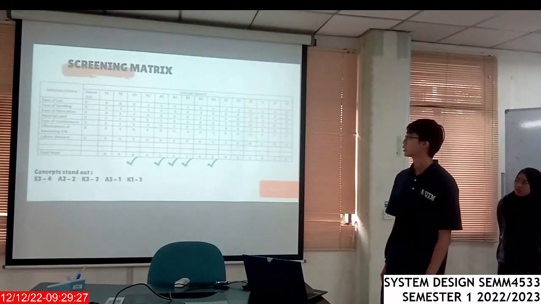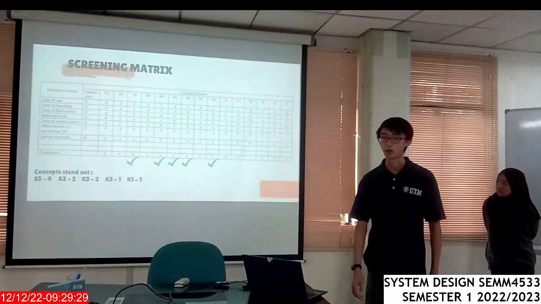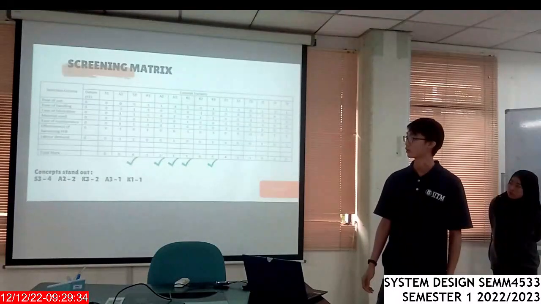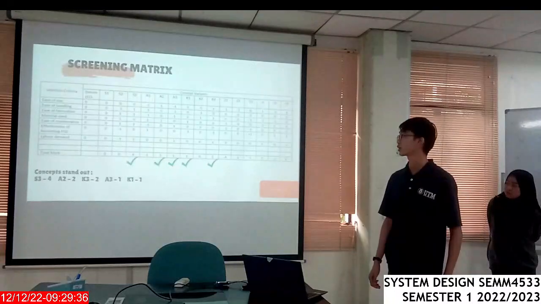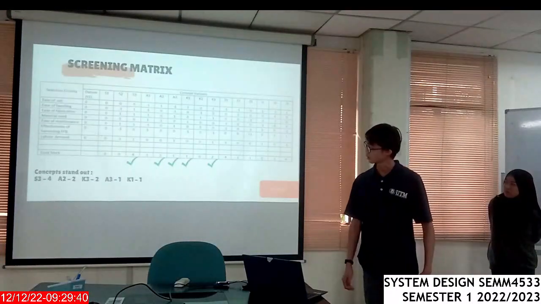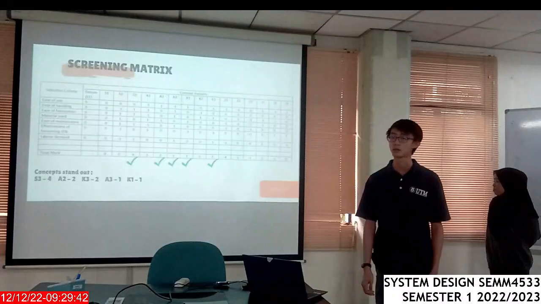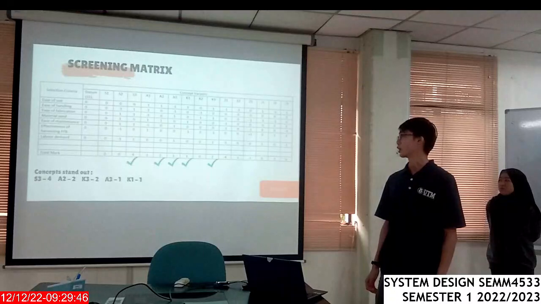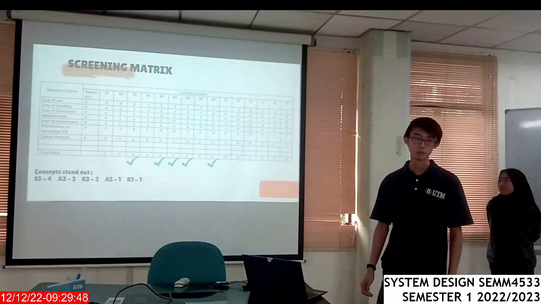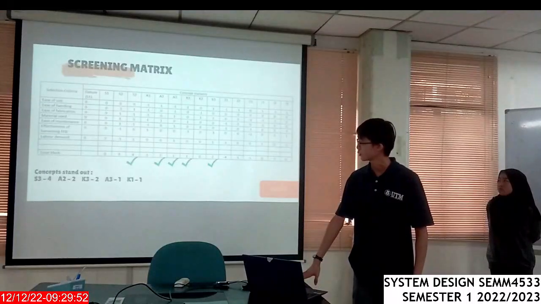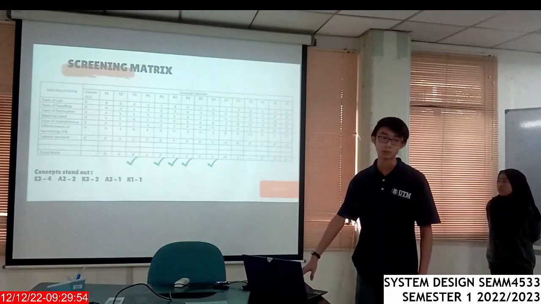So this is the screening matrix from our group. You can see that the criteria we have are ease of use, ease of handling, ease of verification, material use, ease of maintenance, effectiveness of harvesting the FFB, and the labor demand. Since our group is focusing on harvesting the best quality of FFB, we put the criterion of effectiveness of harvesting FFB inside it.